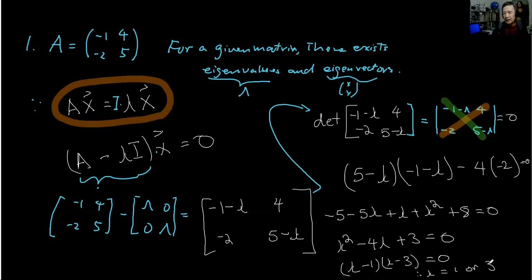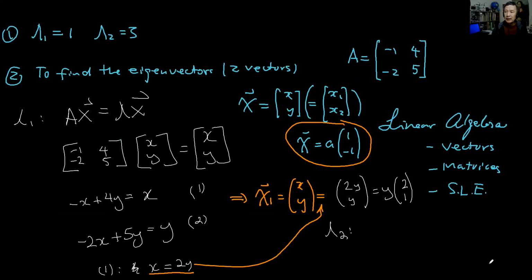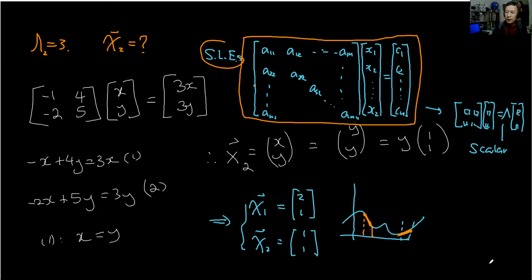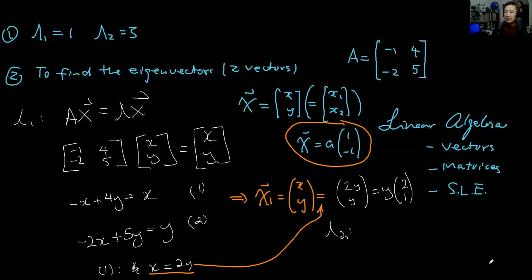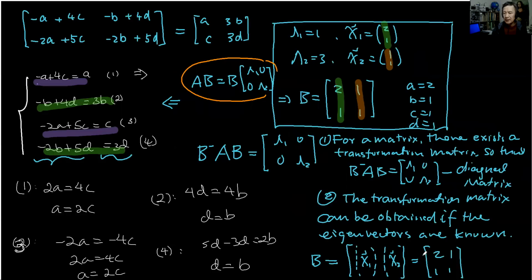In addition, another thing is important that we learned today. For a matrix, you get a special transformation matrix, which, after this transformation, allows something special. Basically, this is a transformation.